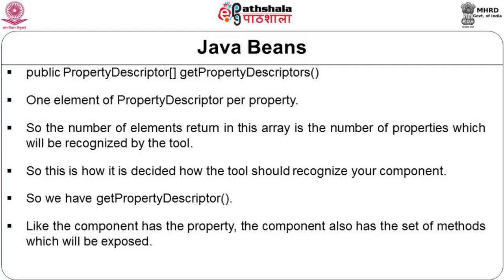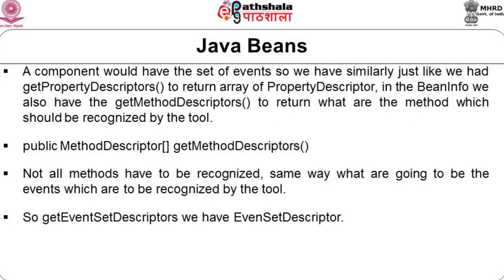Just like a component has a set of properties, a component also has a set of methods which will be exposed, and a set of events. Just like getPropertyDescriptors returns an array of property descriptors, in the bean info we also have getMethodDescriptors to return the methods which should be recognized by the tool. Not all methods may have to be recognized.